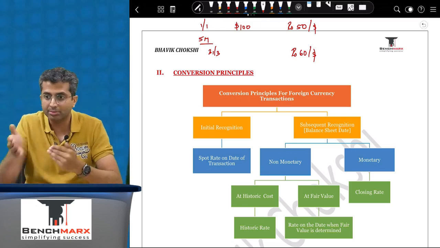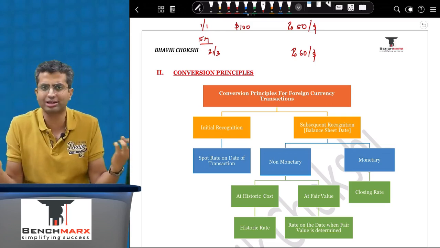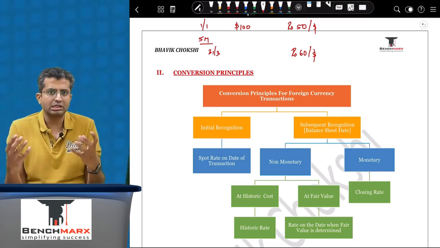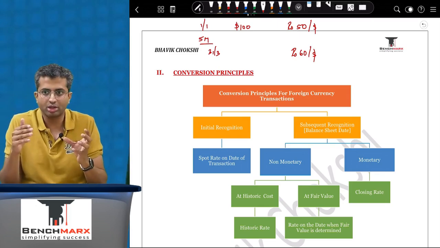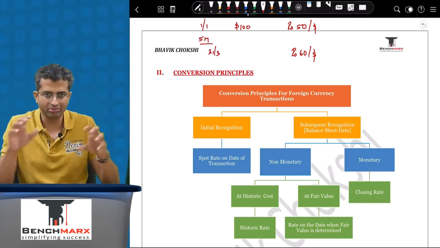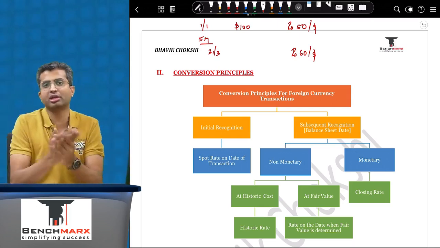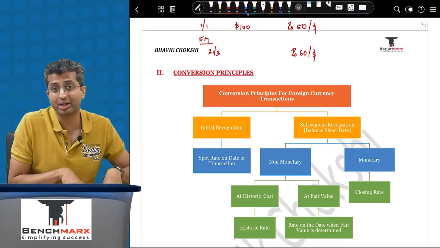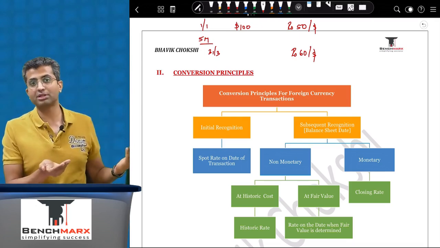It's a non-monetary item. The amount appearing in the balance sheet by no means reflects the amount that you're going to get contractually. And as a result, if I'm not even sure whether I'm going to get 100 or not, then what is the point of even calculating a foreign exchange gain or loss? It's not really required for you to understand this logic, but just on why non-monetary items are to be kept at cost, the logic over here is non-monetary items, the underlying value itself is not fixed or determinable.